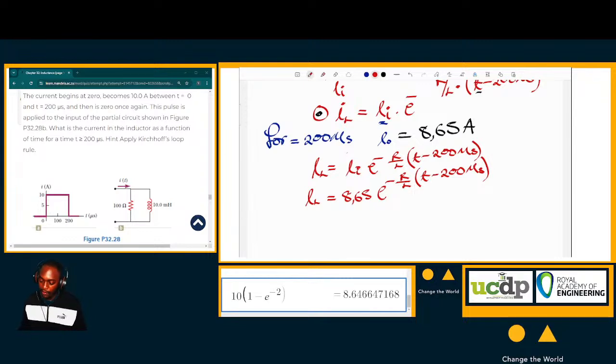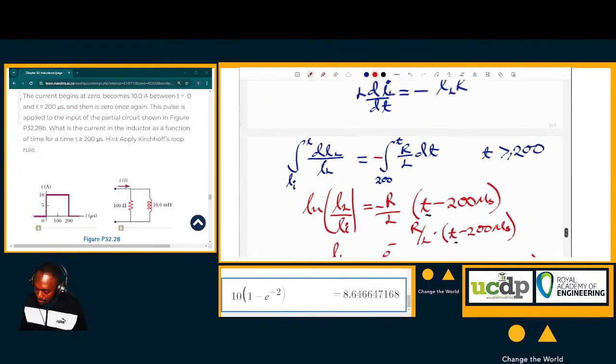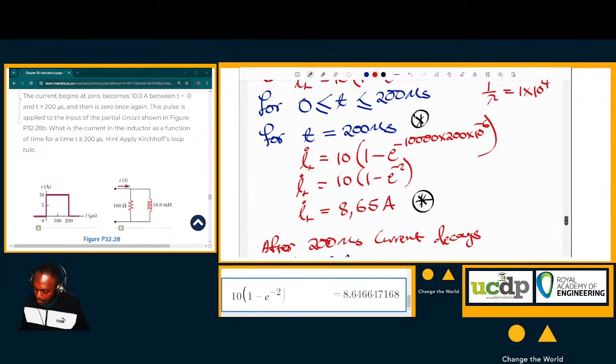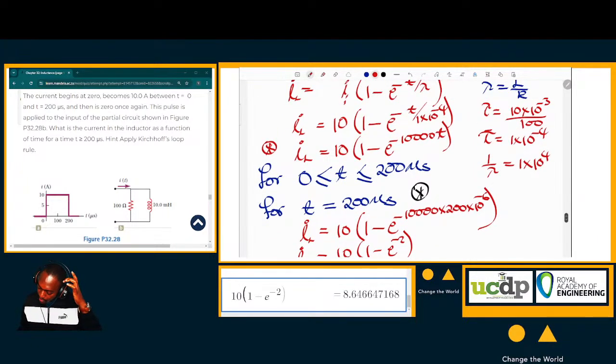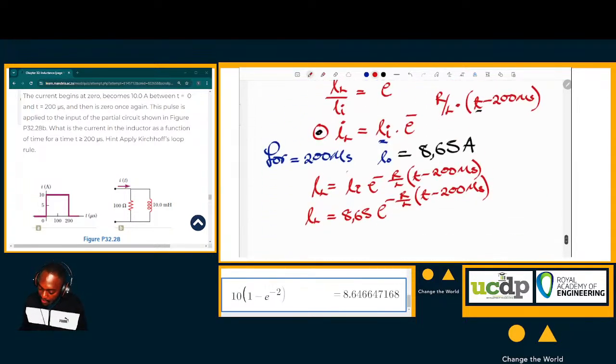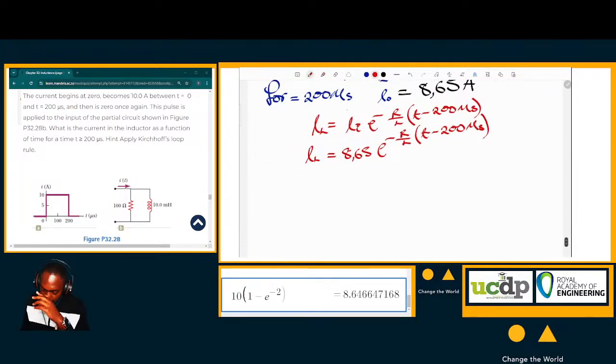So you remember from what we did earlier on in this part of the question, 1 over tau equals 10,000. So in place of R over L, we can substitute 10,000, which gives 8.65 exponential negative.